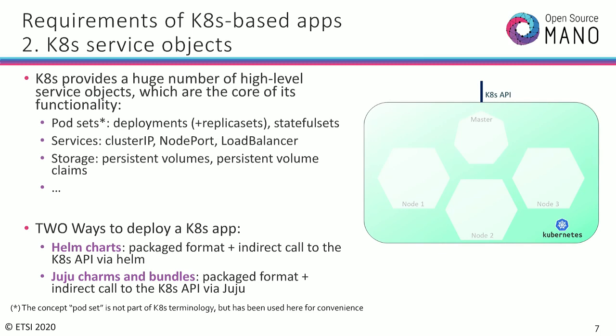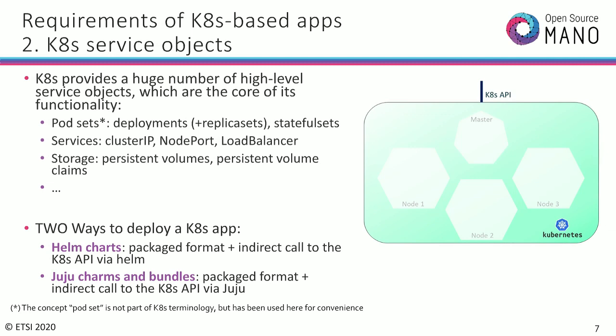In both cases, in the end, it's just a compilation of the different manifest files, in the case of Juju with some tweaking. In the end there are some indirect calls to the K8s API, either through Helm or through Juju. So in both cases the solutions are interfacing directly with the Kubernetes API offered by the Kubernetes cluster.